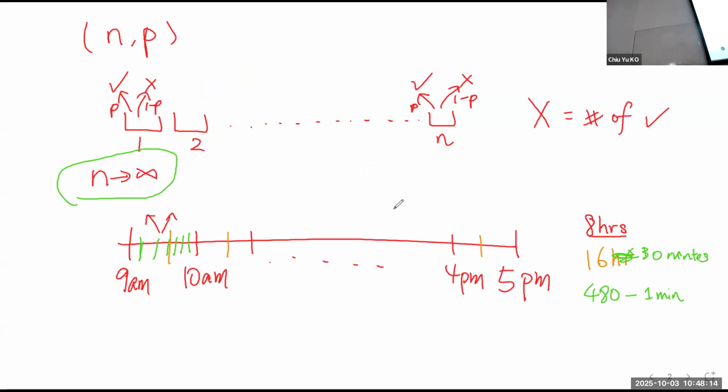Each box opening is independent, and each has two outcomes: success with probability P, fail with probability 1 minus P. And Poisson is asking you to open infinitely many boxes, but we don't use the NP concept. Rather, we use the expected number lambda of people who come within a period.